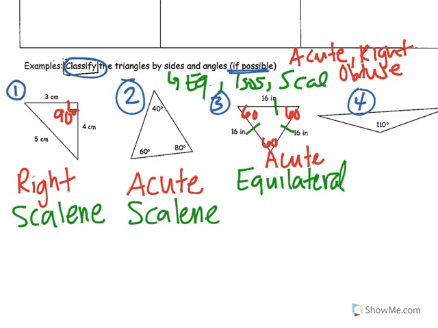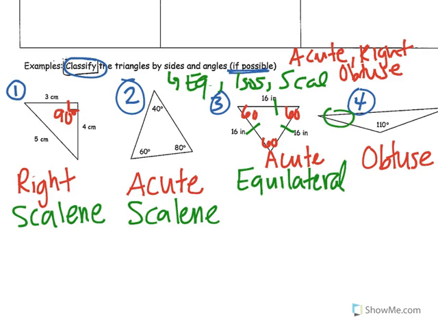So example number 4, by angles, well, if I'm looking at the angles, they only gave me one of them. They gave me that was 110. And that is bigger than 90, which means it is obtuse. I only need one obtuse angle, so I know this is an obtuse triangle. Now let's think about for sides. Do I have any side measurements given to me? Nope. And I think in the last example, in example 2, when I didn't have sides, we used the fact that all 3 angles were different to say that this triangle was scalene.